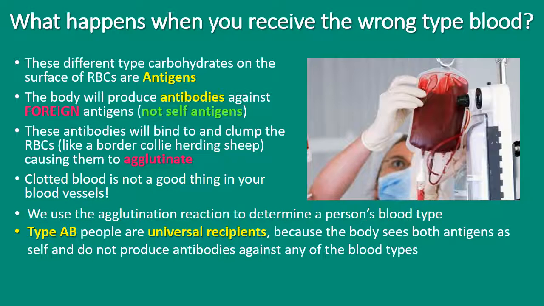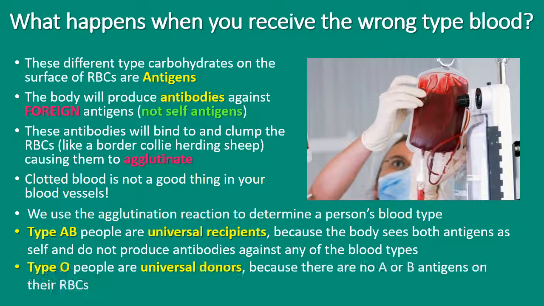Type AB people are considered universal recipients because their bodies see both the antigens as self. So they don't produce any antibodies against any of the blood types. Someone with type AB blood can receive type A blood because they already have the type A antigens, or they can receive type B blood, or they can receive type O blood because the O blood doesn't have any of the antigens.